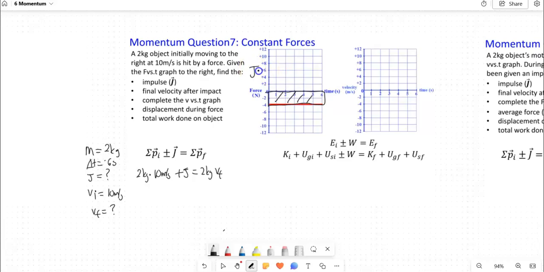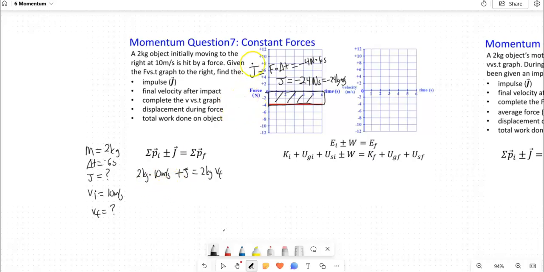So that impulse is going to be equal to force times delta t, which is going to be equal to -4 newtons times 6 seconds. So that impulse of this guy is going to be -24 newton seconds, which is, by the way, -24 kilogram meters per second. So they're the same thing.